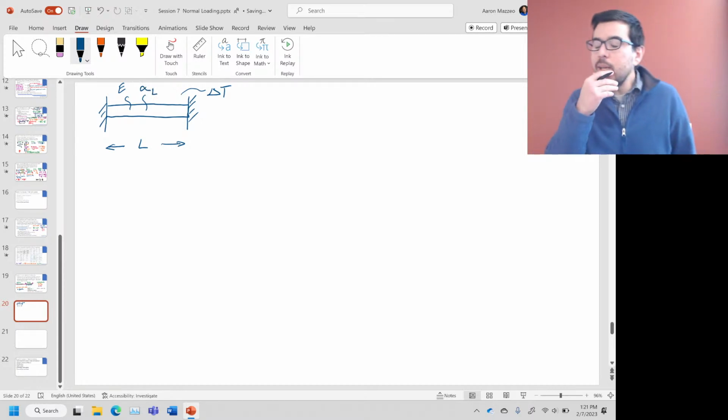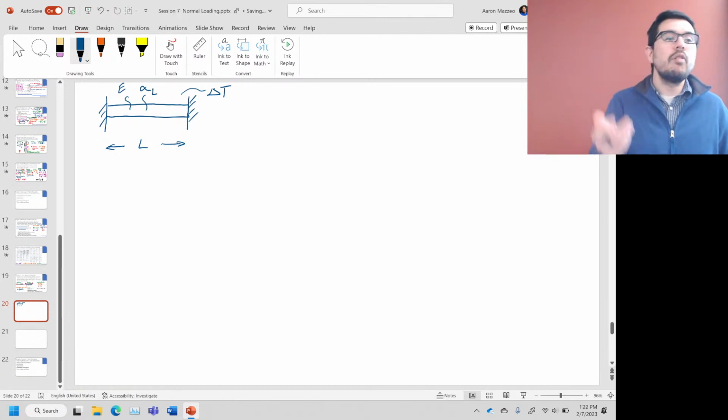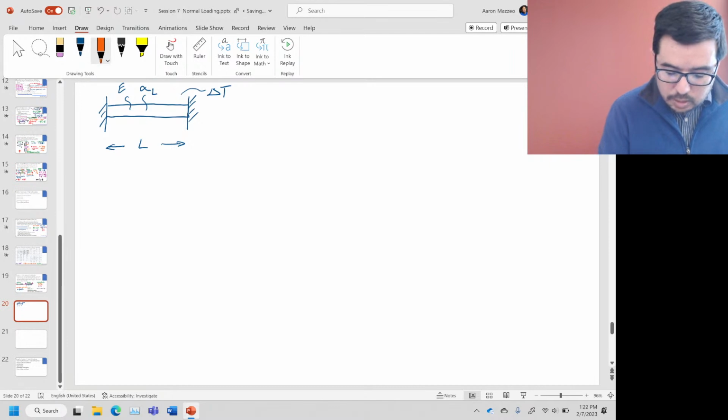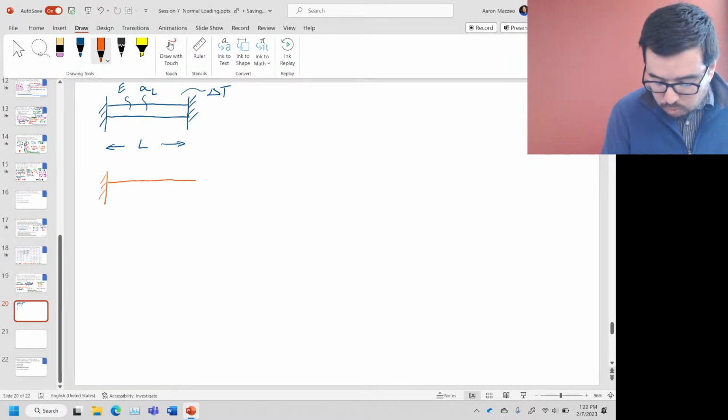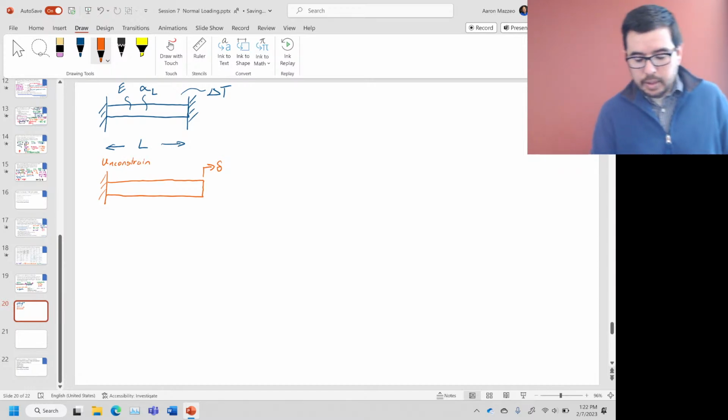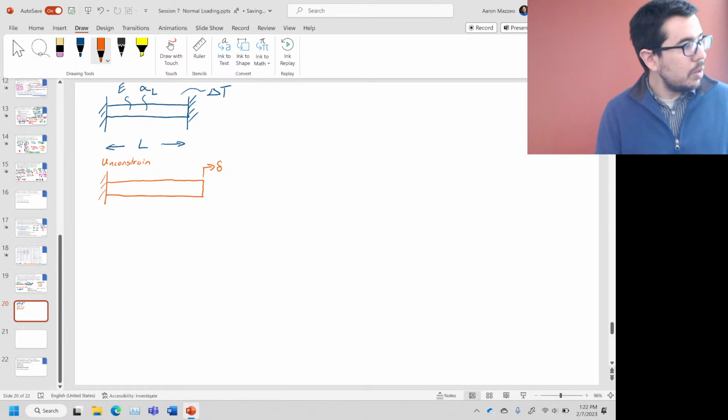So we can use our force method here of superposition. In other words, the bar will go past if left unconstrained. So this is the unconstrained case, and we know what that is.